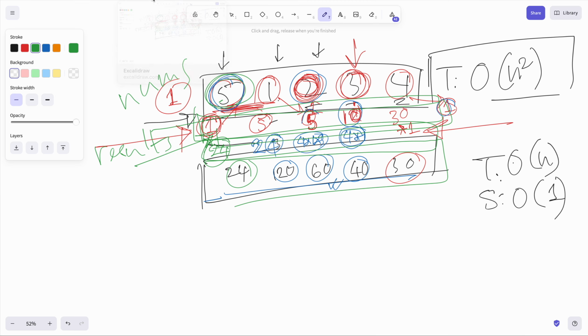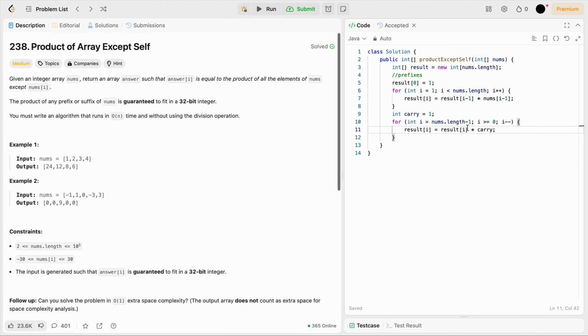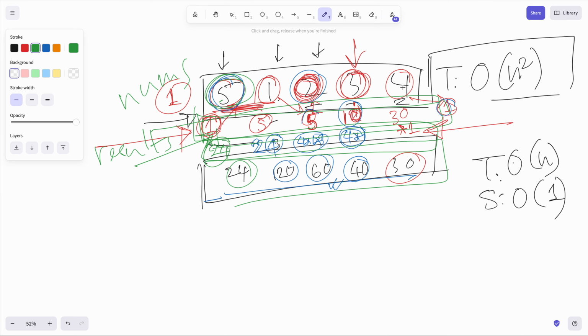So we're carrying something over, and here the carry was essentially 1 at first, and when you're at 3, for each one carry times 4. So we have to use numbers I plus 1. So with this logic, at first carry was 1, and when it comes to 3, the carry is now 4.